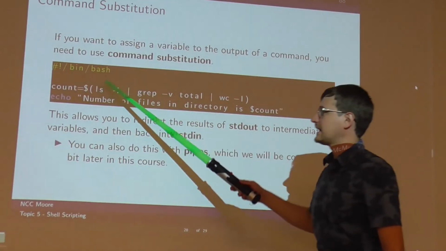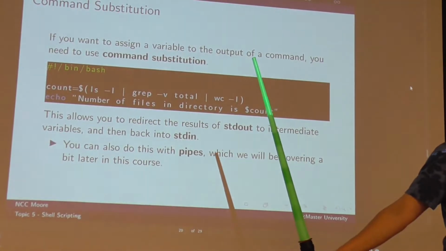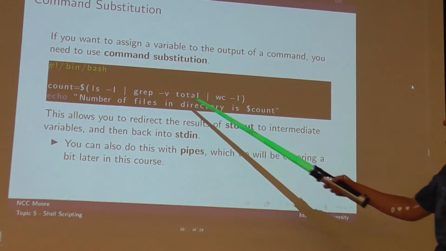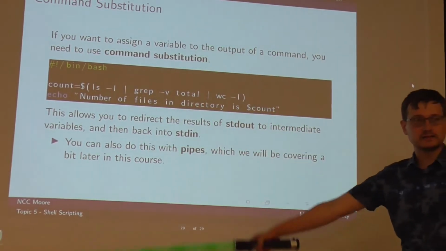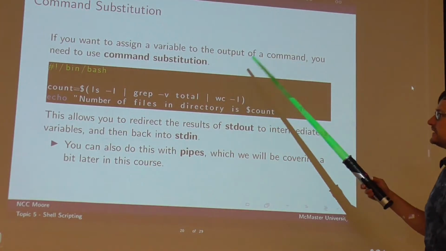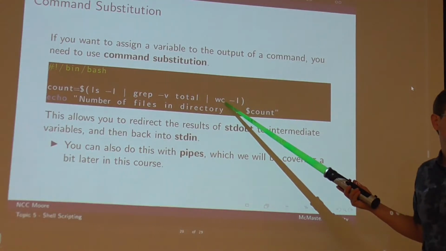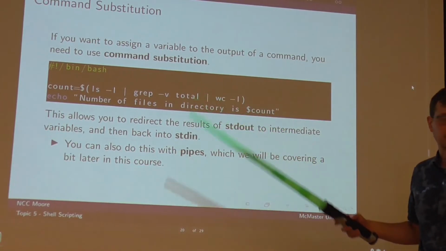So ls prints out a list of the current files in the directory. That becomes the input of grep without being printed. It's redirected, right? And then the output of grep is redirected to the word count command.